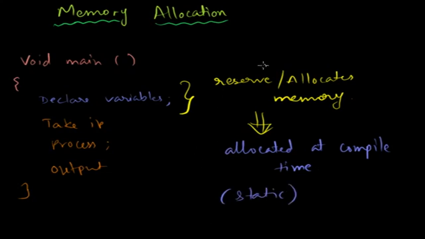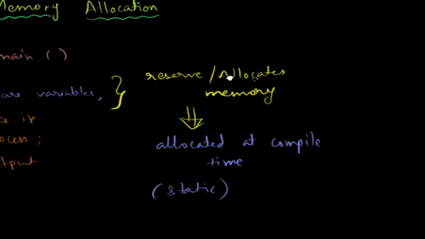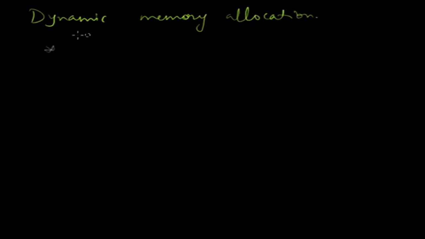Another type of memory allocation which is quite popular is called dynamic memory allocation. Dynamic memory allocation allocates memory at runtime.